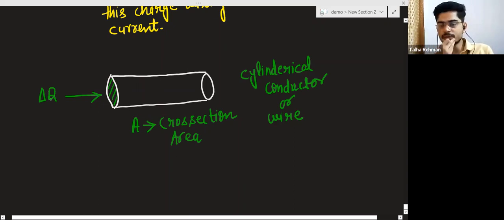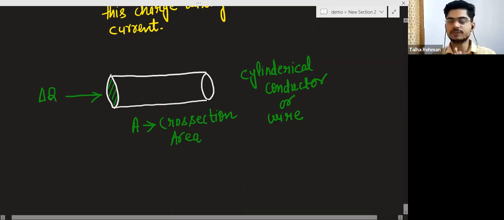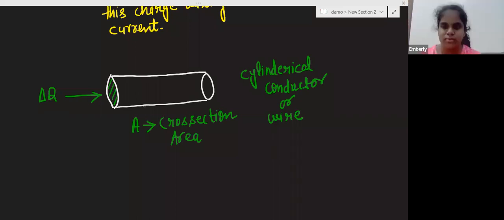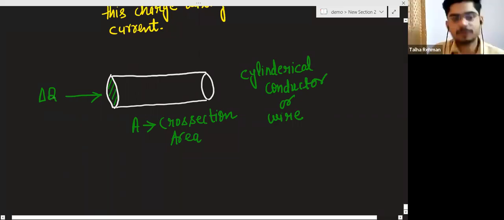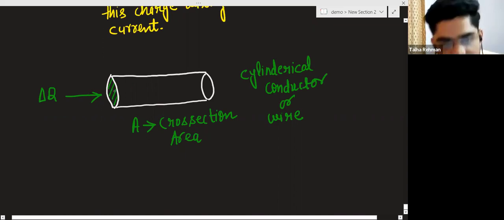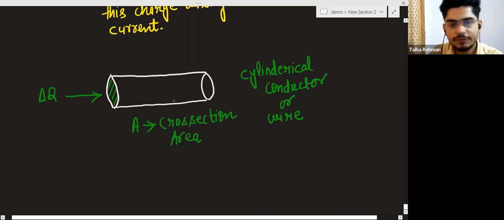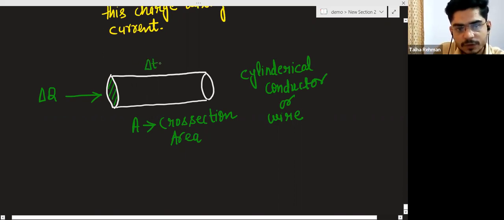Have you heard about the term delta? Delta means change. So I am taking that this delta Q charge is flowing through this conductor, and this charge is flowing for the time of delta t. Delta t is time.